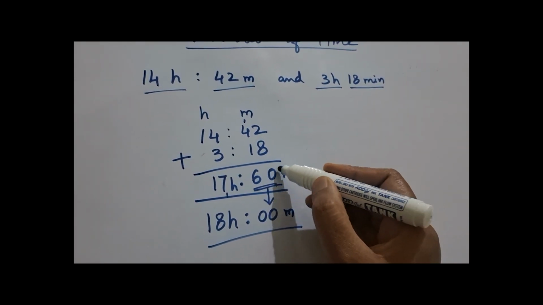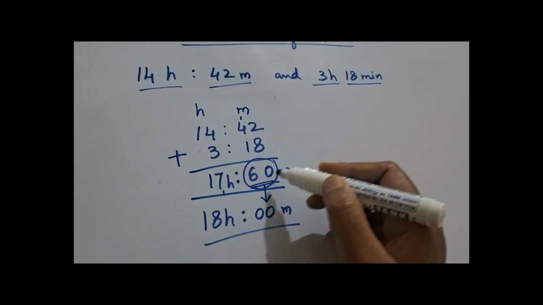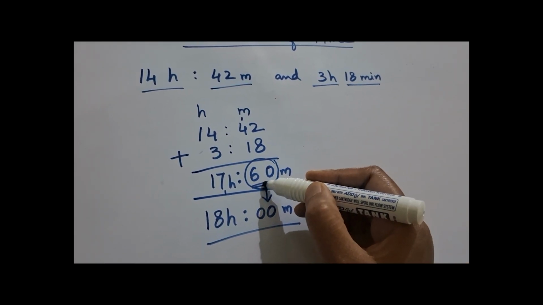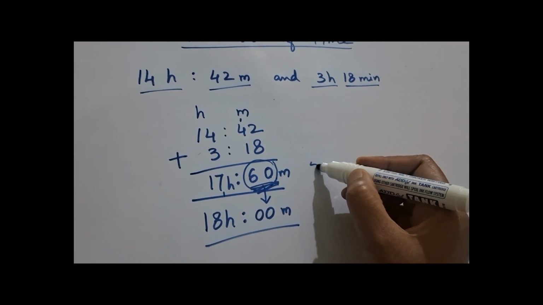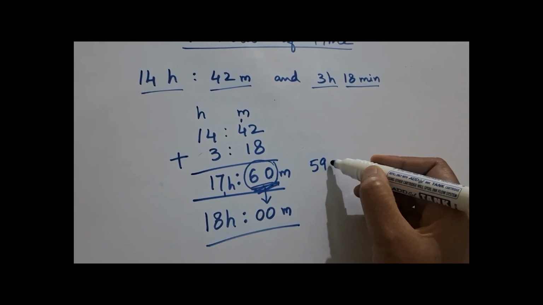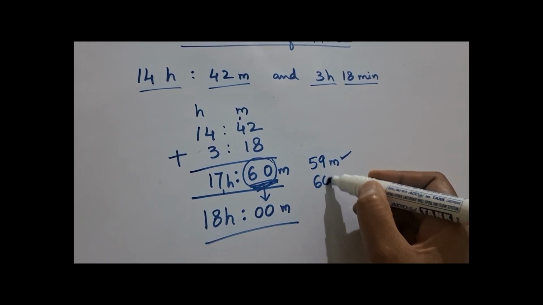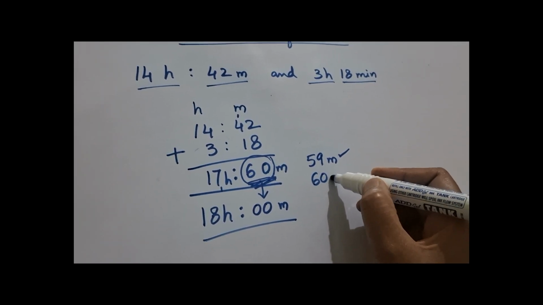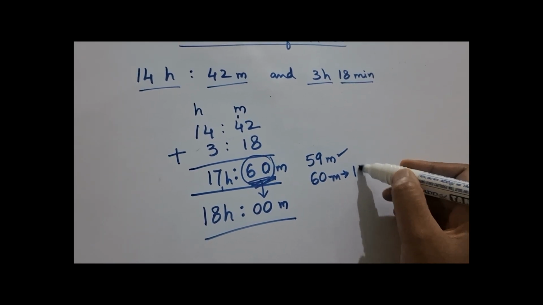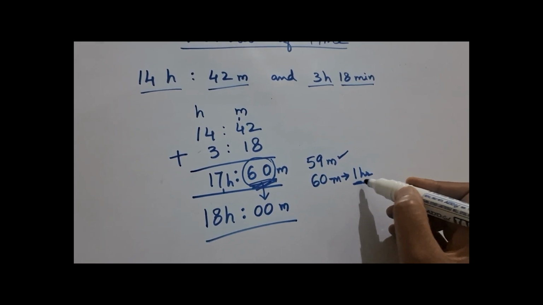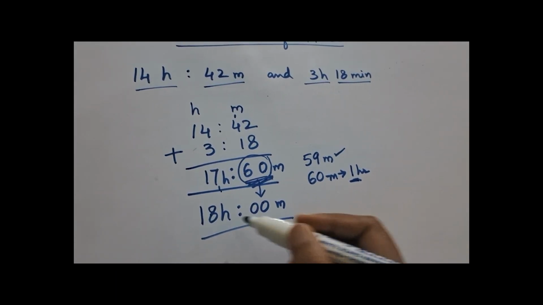Whatever minutes we get here, if it is less than 60, it's okay. Suppose in this place we got 59 minutes, then it's okay. But if we got 60 or more than 60, then these minutes should be converted to hours and that 1 will be shifted to hours place as a carry of hours.